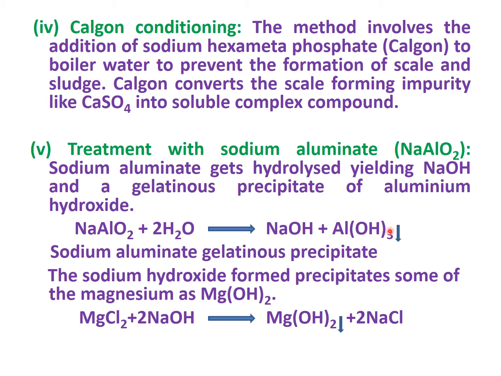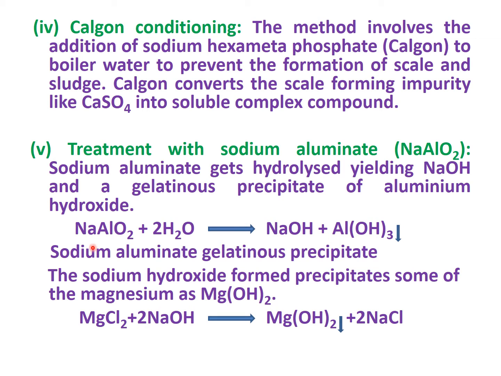This aluminium hydroxide, if suppose the feeding water has some small particles of sand and temporary hardness causing salts, during the boiling of water, this gelatinous precipitate will move towards the bottom of the boiler, and during this settling down process, it will trap sand particles and temporary hardness causing salts and force them to move towards the boiler bottom and settle down.